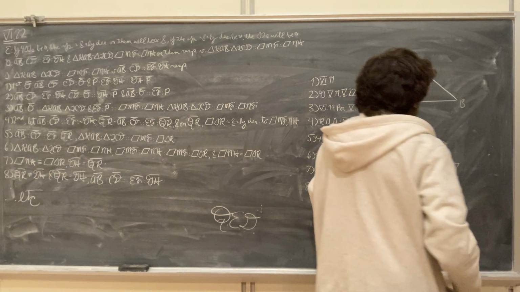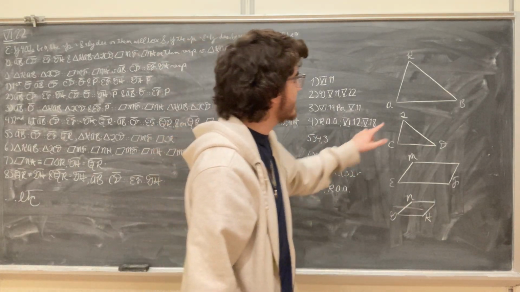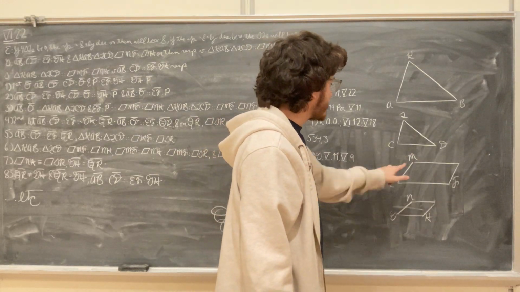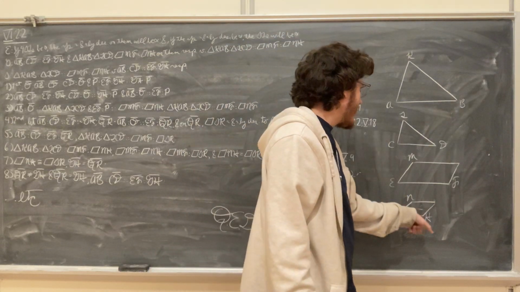We're given in both cases that the triangle KAB is similar to the triangle LCD, and that the parallelogram MF is similar to the parallelogram NH.